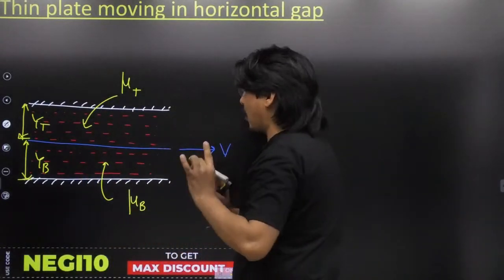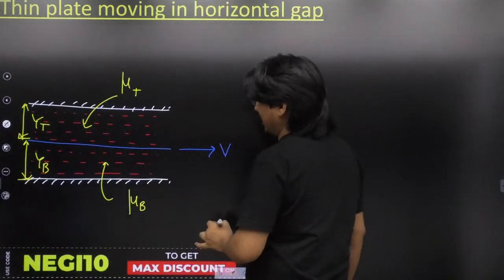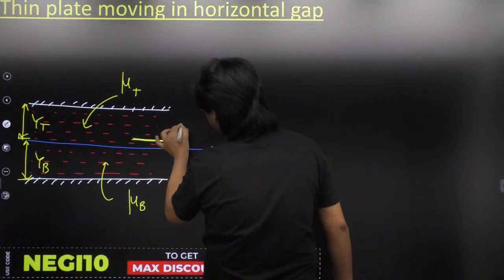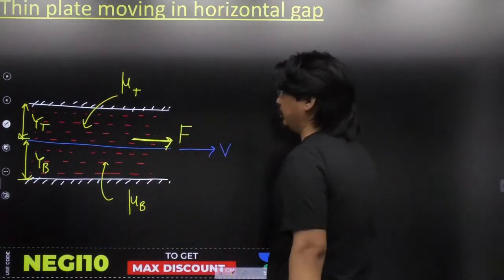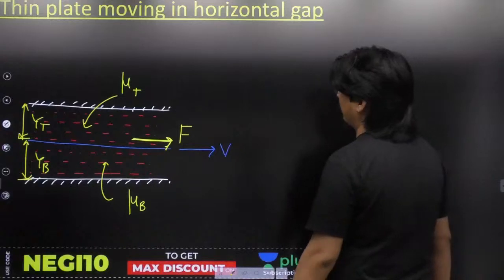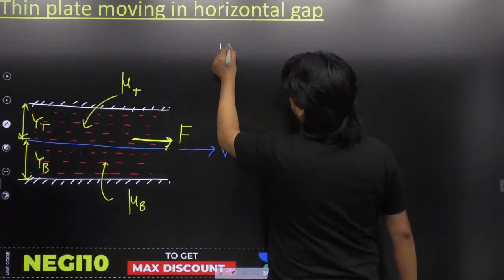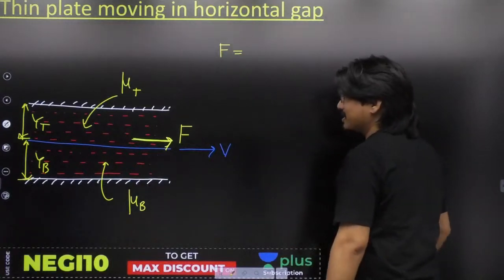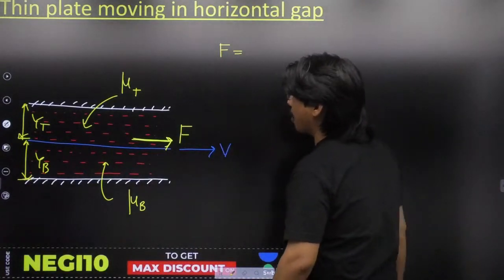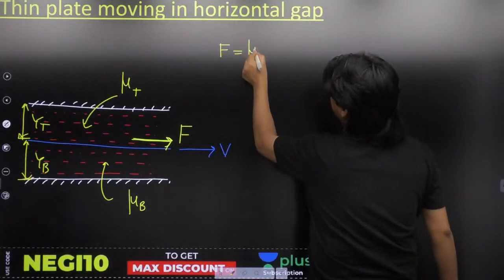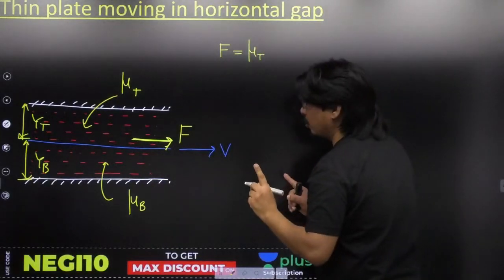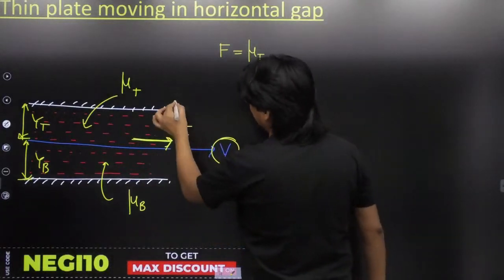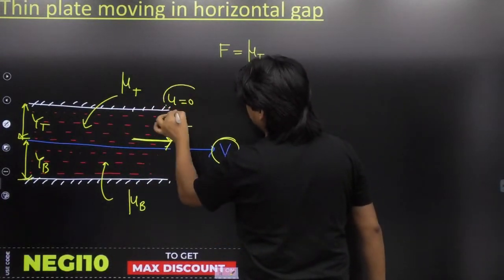Now first of all, can you tell me, if I want to pull this plate with the velocity capital V, how much force I need to apply? So can I say F will be equal to what? The shear force which is applied by the top liquid, mu T delta U. What will be delta U? Here the velocity is V, here the velocity is 0.